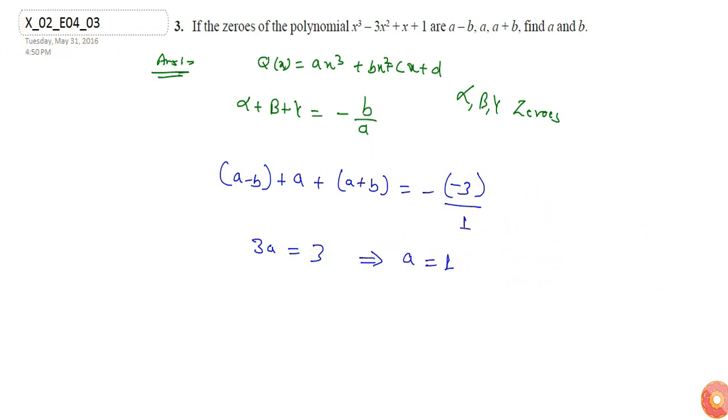Now I know that the product of the zeros alpha, beta and gamma is given by minus d by a, the ratio of constant term and the coefficient of x cube.